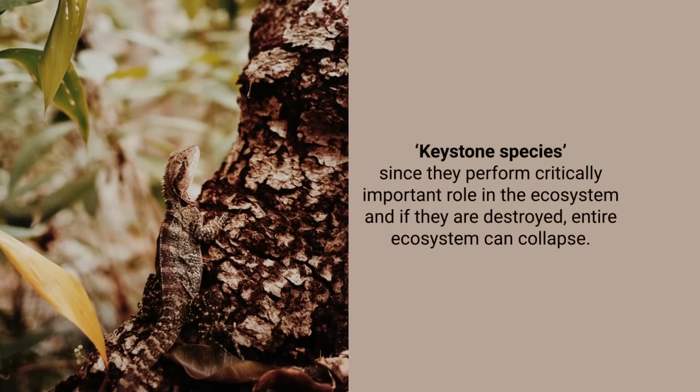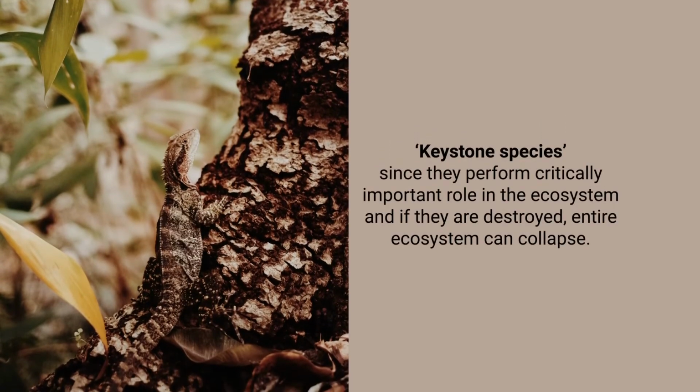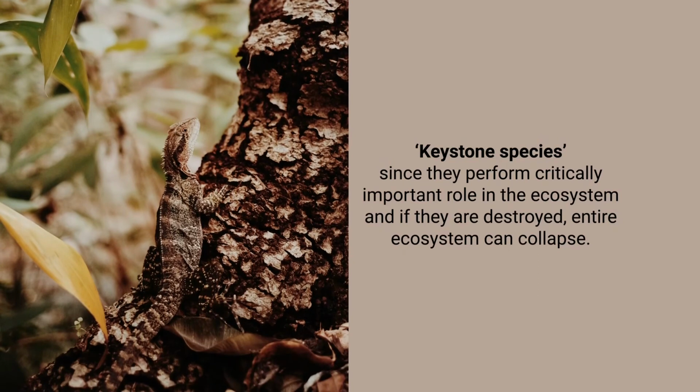Sometimes you will also find another concept called keystone species, because they perform a critically important role in the ecosystem. If you destroy that particular keystone species, the entire ecosystem can collapse. One example is the pollinator. If you destroy the pollinator, it will be very difficult to manage that ecosystem.